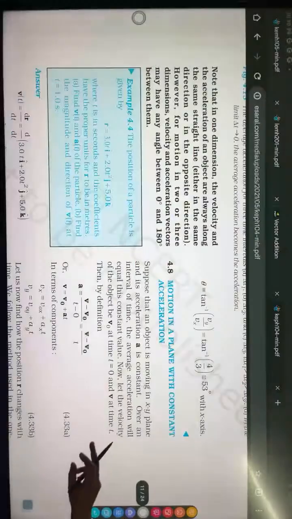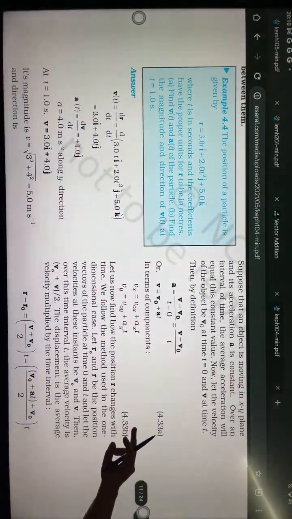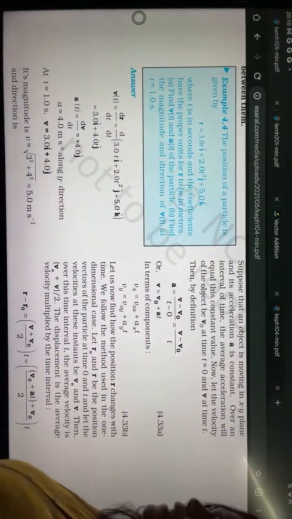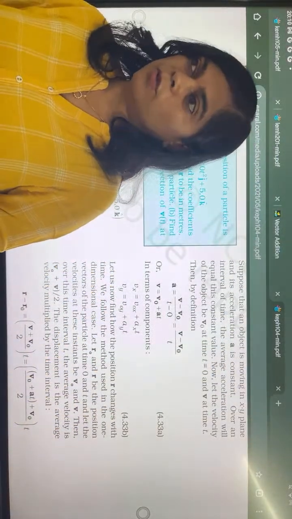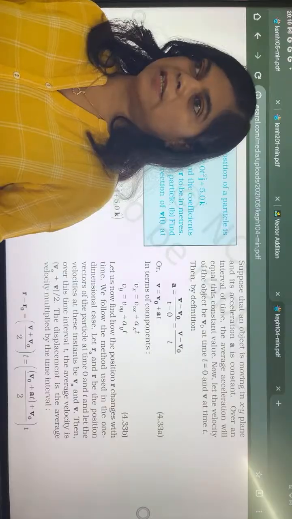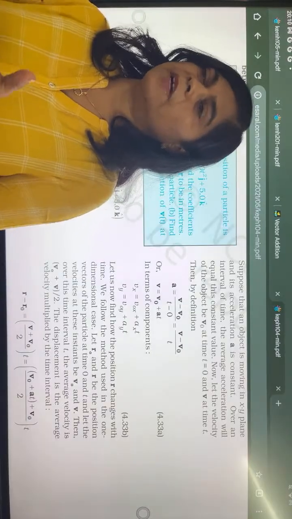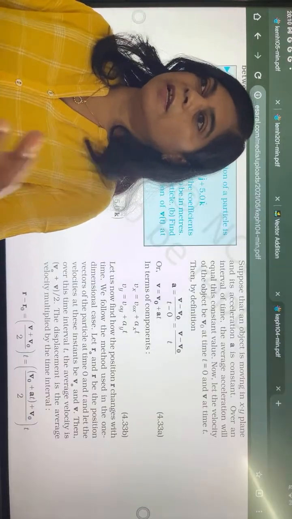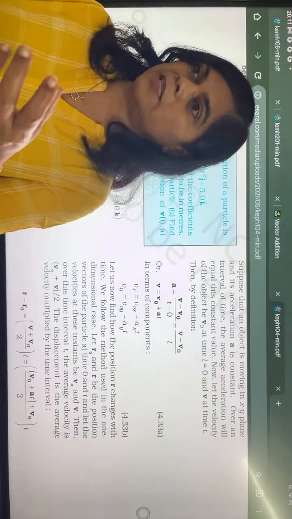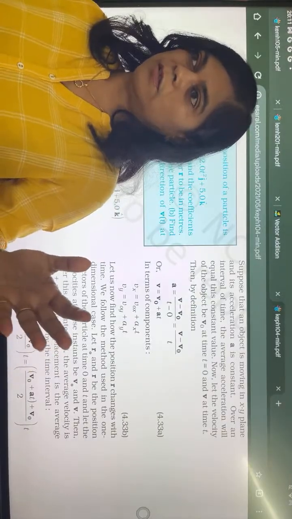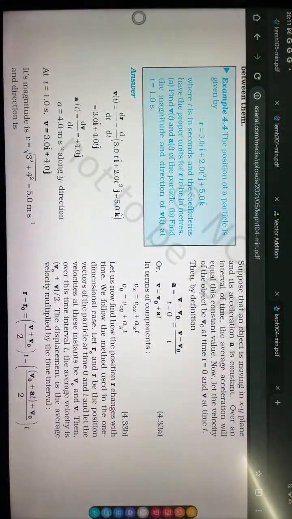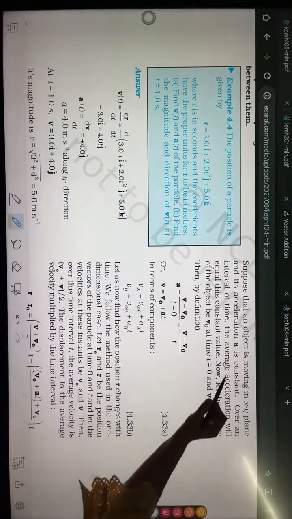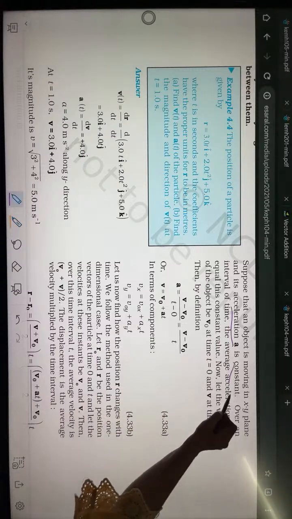So what is motion in a plane with constant acceleration? What is the meaning of constant acceleration? Uniform acceleration, or constant, right? Wherever the particle is moving, it experiences the same acceleration. So that means acceleration is constant, right?